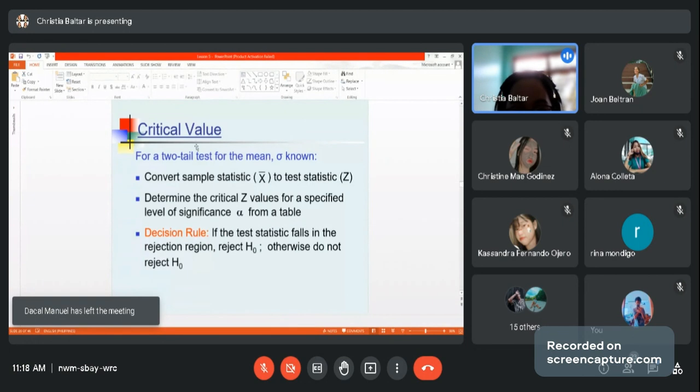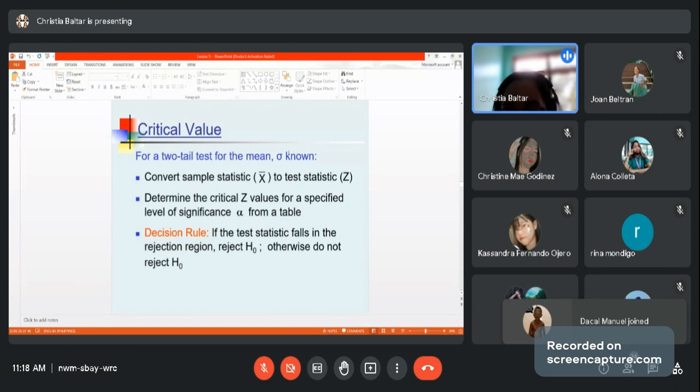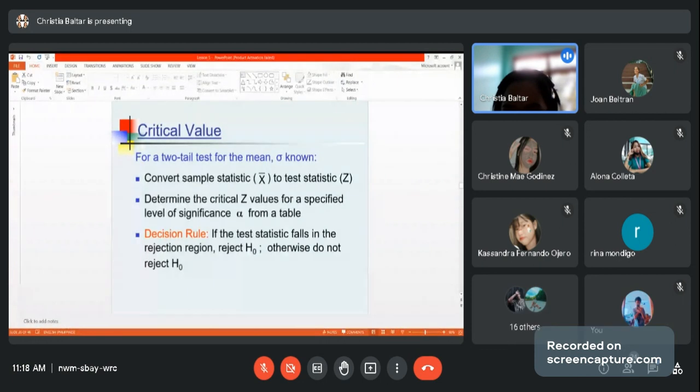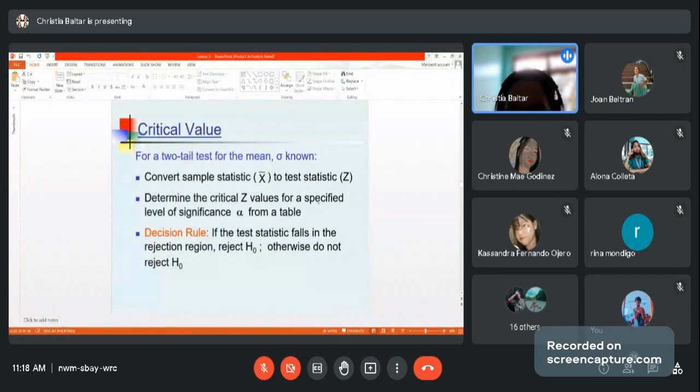Okay, so for the critical value, for a two-tailed test for the mean where sigma is known, to test the hypothesis using the z-test, the first step is to convert your sample statistic to your test statistic z.